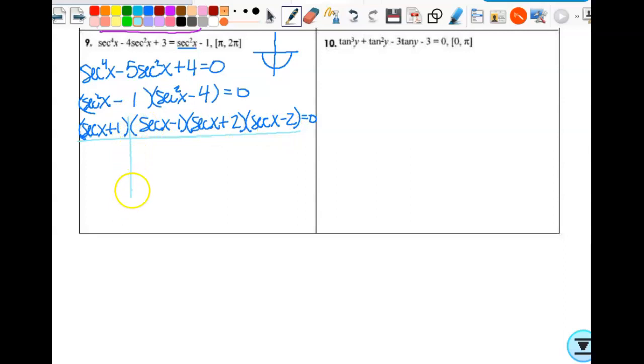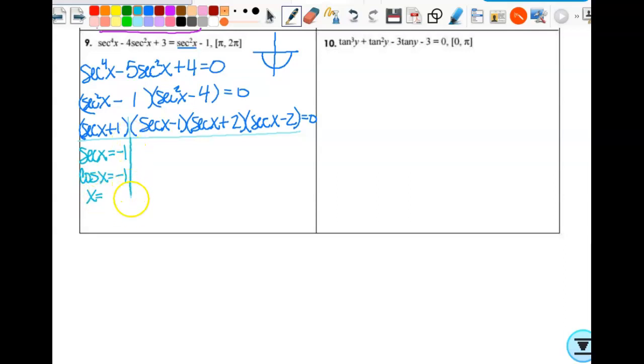So this gives me secant x equals negative 1, which means that cosine x equals negative 1. Between pi and 2 pi, when is cosine negative 1?